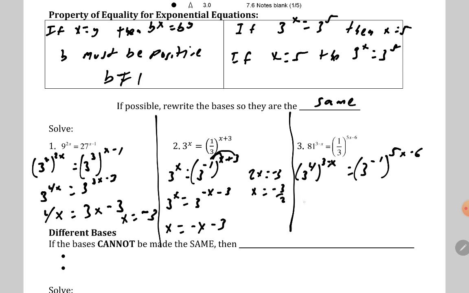Okay, 4 times 3 is 12 minus 4x. I already skipped the part where I dropped the bases. Negative 1 times 5x is negative 5x plus 6. I'm going to move the negative 5x over to the left side and the 12 to the right side, so I'm going to add 5x and subtract 12. So I'll get x equals negative 6.